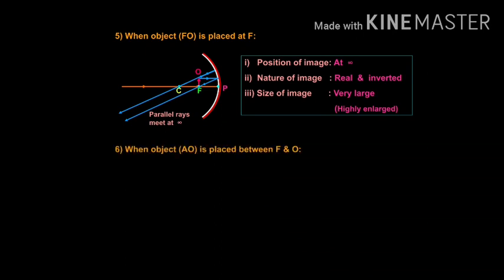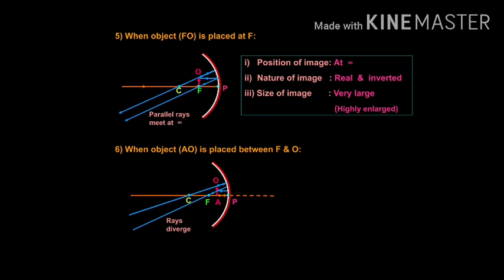Now we will move further, and this is the last case, when the object is placed between pole and focus. So we will draw two light rays like this, and if you can see clearly, the light rays are diverging, so they cannot meet.